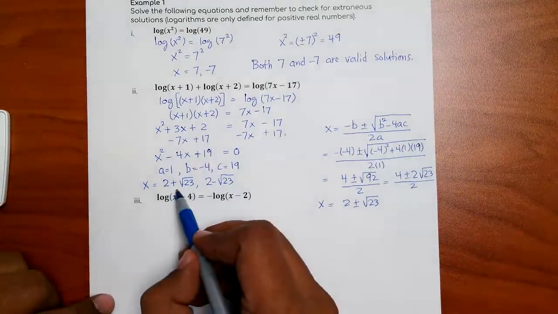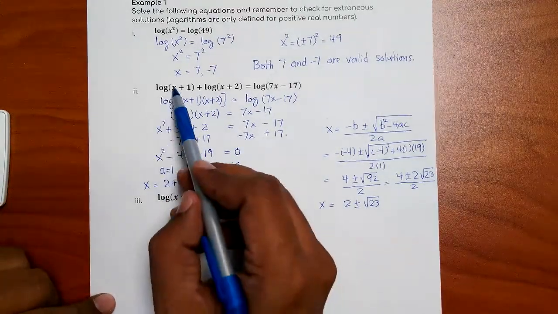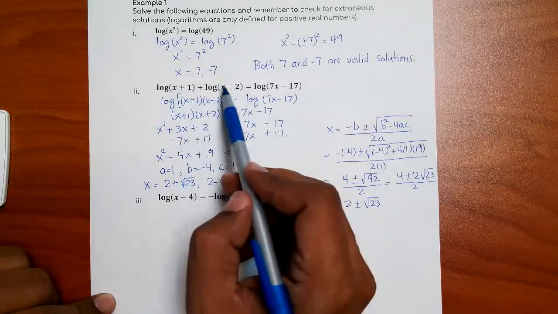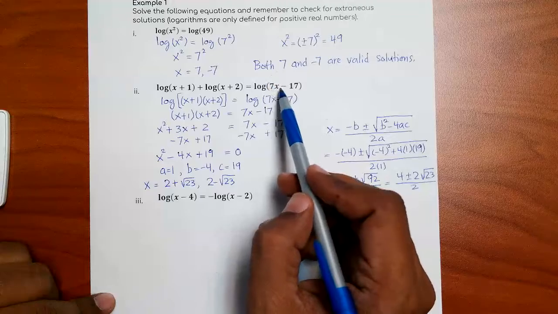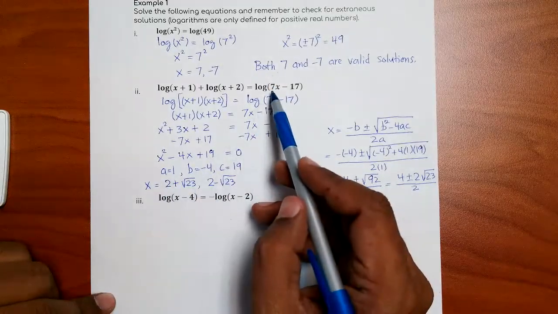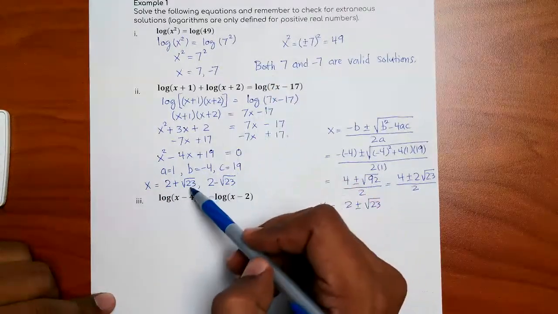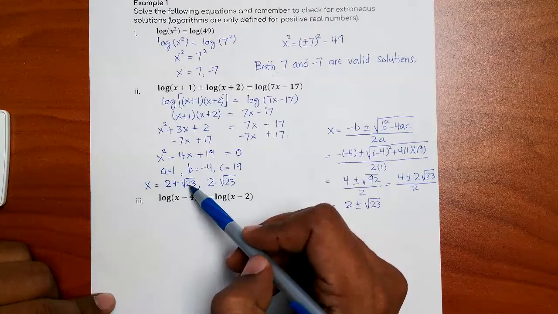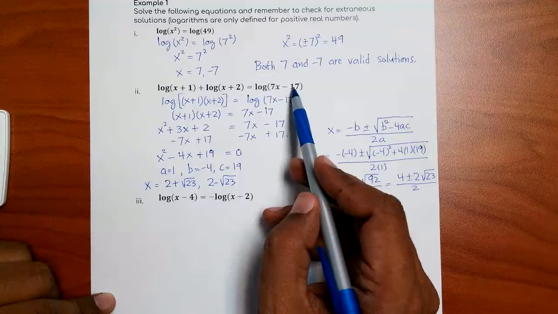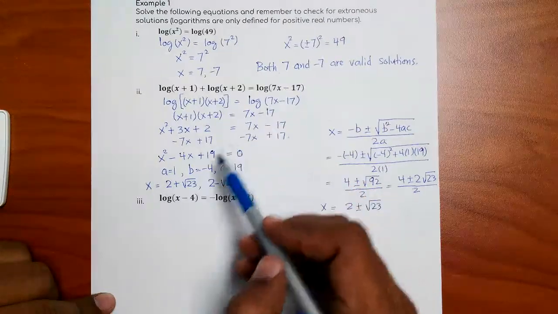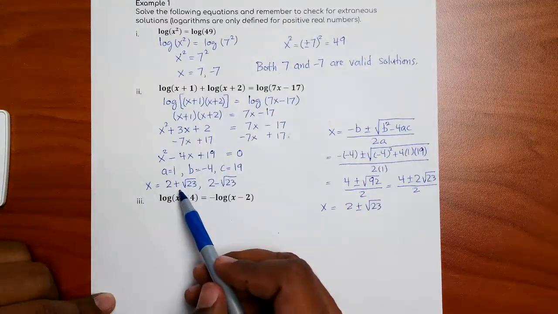Now, when these are both positive, wherever I plug in, these are positive, and this I need to check. So 7x means 7 times 2, 14, and then 7 times square root of 23. So 14 minus 17 is minus 3, and we'll still have a positive number. So this solution is valid.